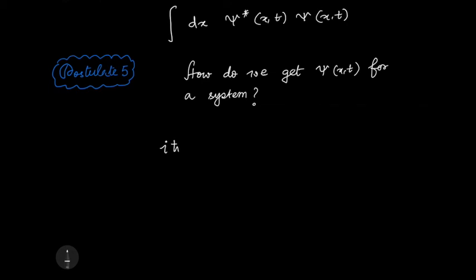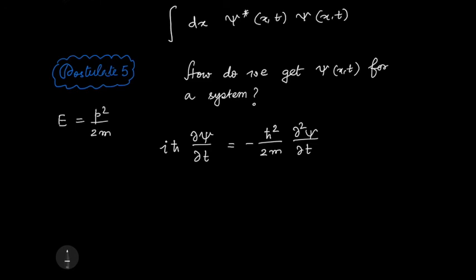We said that, at least for the plane wave, where I have a free particle, if you look at your notes, you will see that this was the equation which psi will satisfy, given that your energy and momentum are related as E equals p square by 2m. So it is a free particle, no potential.